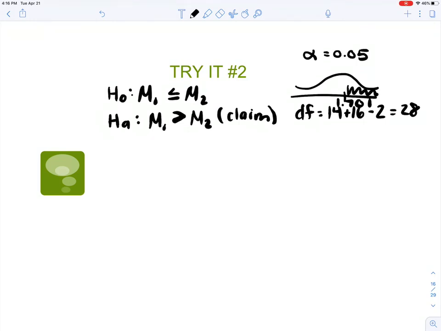So now it's time to go and plug into my equation. Remember, this one is way more complicated than the equation for things that are not equal. So for my standard error equation, I first have to find the pooled estimate.